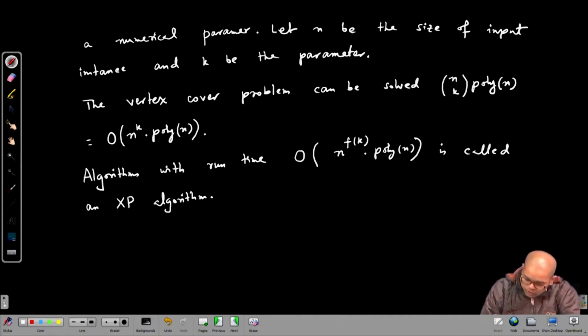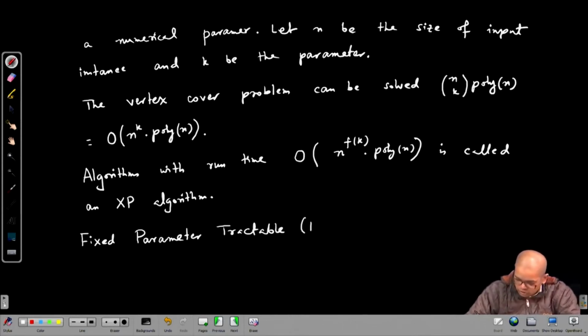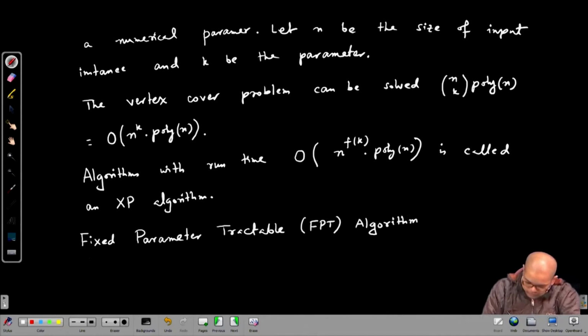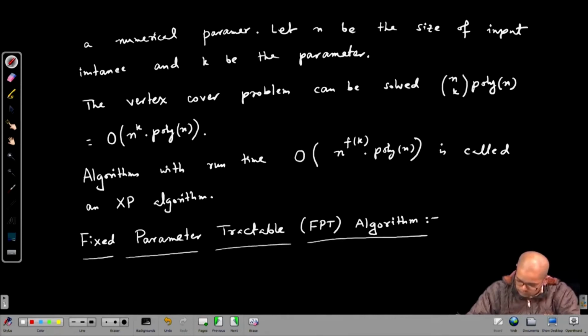So what we are looking for in parameterized algorithms is called a fixed parameter tractable algorithm, in short, FPT algorithm. So what is an FPT algorithm?